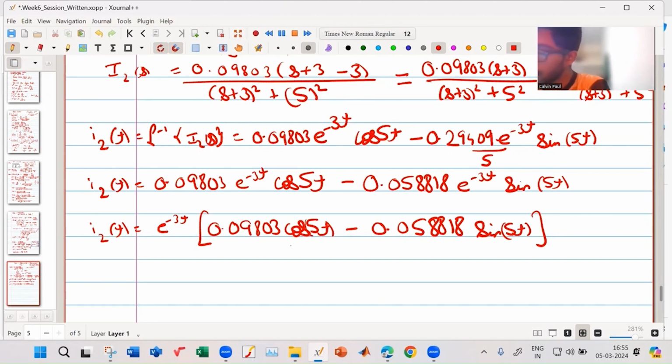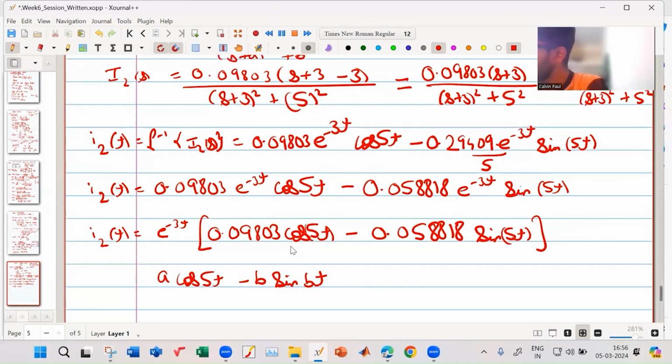So if we know a into cos of bt, okay, let me rub it. A into cos of phi t minus b into sine of phi t, it is of this type.